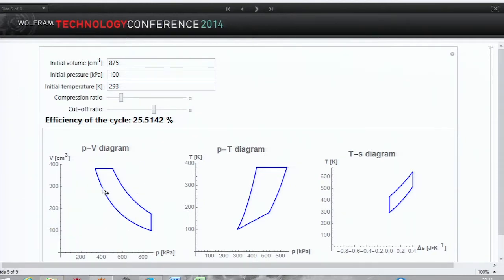You can see that the pressure is very high. Also, the temperature is the highest. But it's the isentropic phase, so there is no change in the entropy. After that, it's the isobaric phase. Isobaric phase, it's here.